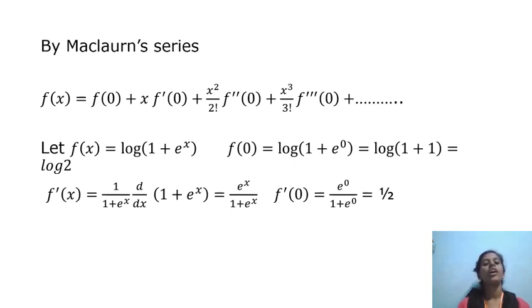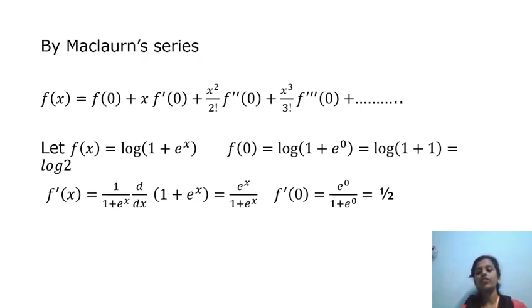differentiation. f dash of x equals, first we have to differentiate log of 1 plus e power x. Again we have to differentiate 1 plus e power x. Now the derivative of log of 1 plus e power x is 1 by 1 plus e power x. So again we have to differentiate 1 plus e to the power of x.